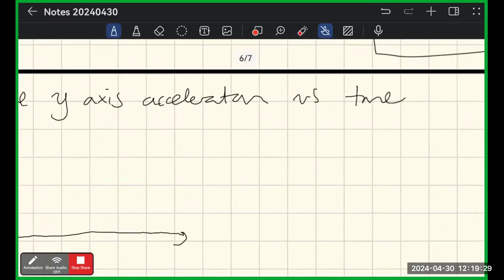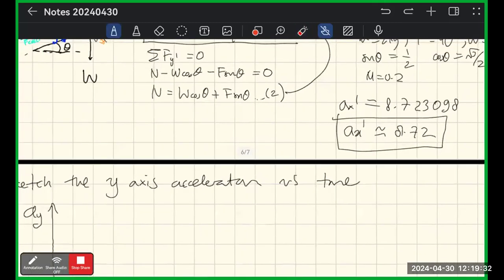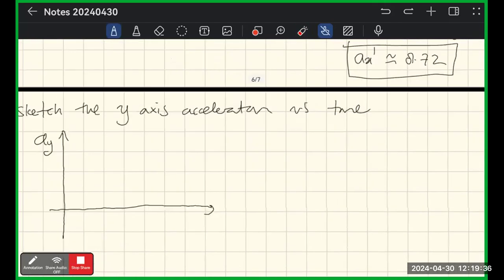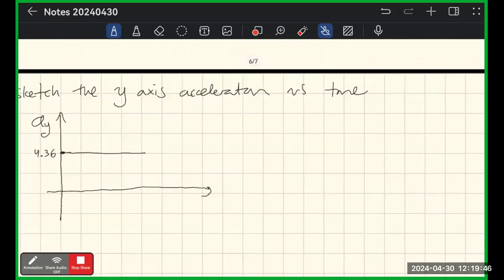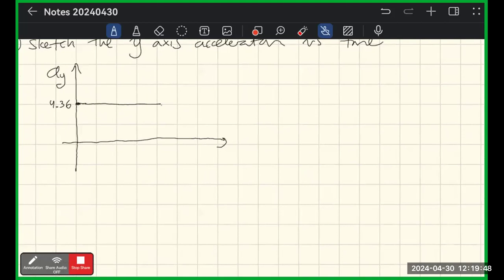Sine theta is sine 30, so 8.02 times sine 30 will be 4.01. It's going like this until it falls. When it falls, suddenly the acceleration will be the gravity acceleration, which is 9.8.